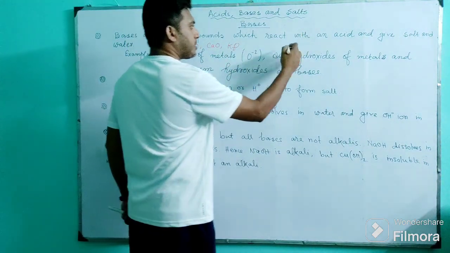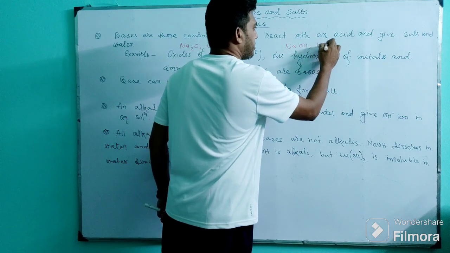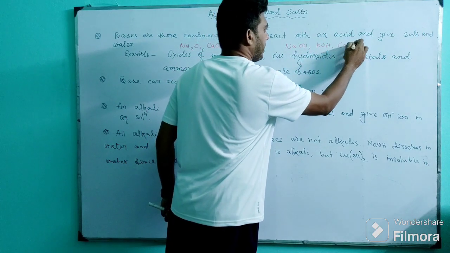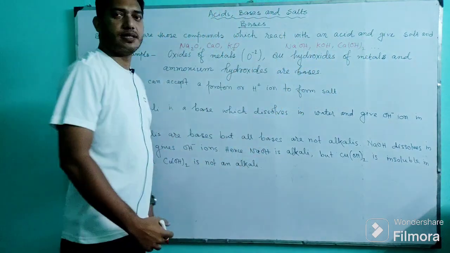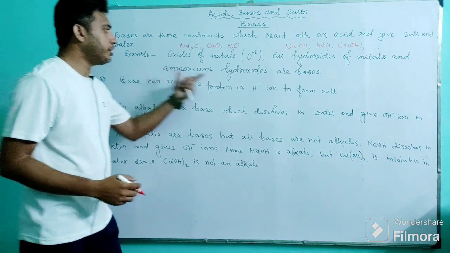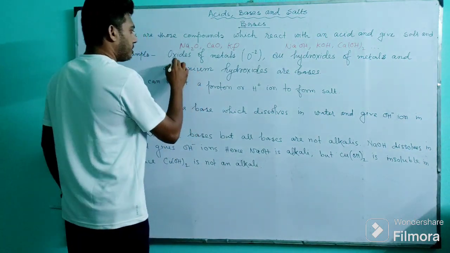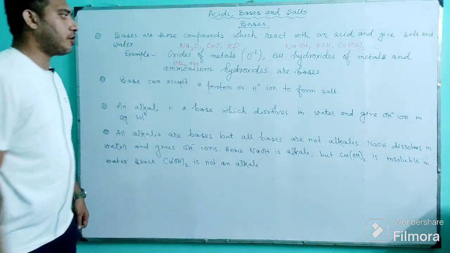And all hydroxides, meaning sodium hydroxide, potassium hydroxide, calcium hydroxide, and so many other hydroxides of metals, are called bases. And ammonium hydroxide, NH4OH, is also called a base.